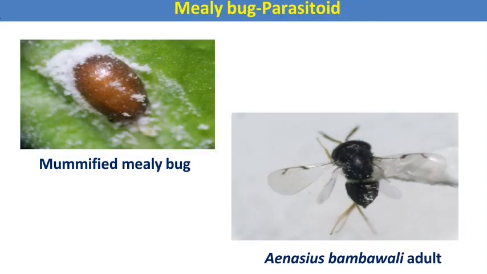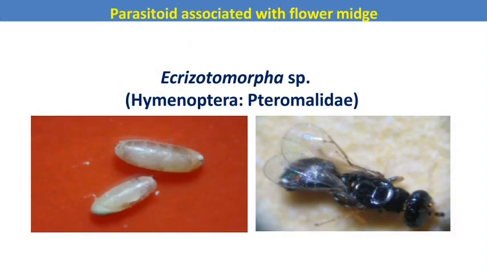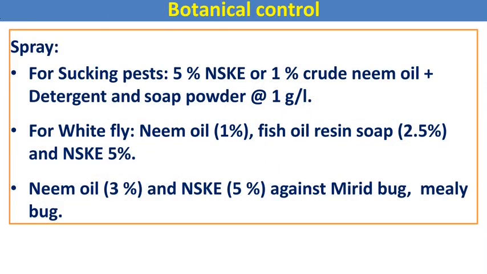Then here Aenasius bambawalei. This Aenasius bambawalei is mostly used as a parasitoid against the cotton mealybug. Then this is also one of the parasitoids, a hymenopteran parasitoid, the Acaerochaeta species, against the flower midge. Then these are some of the botanical insecticides.